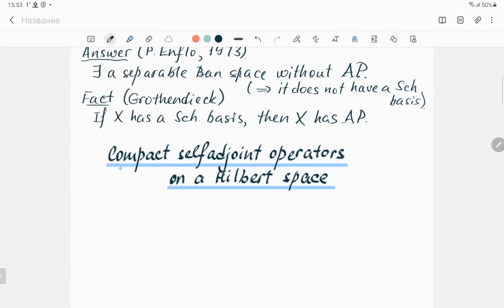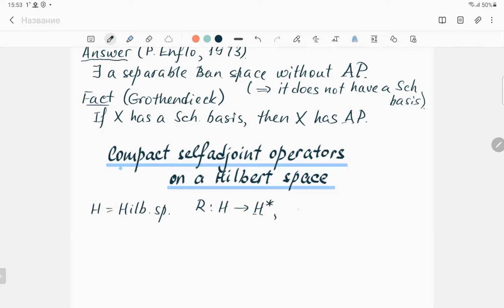First of all, let me explain what self-adjoint means, or more generally, what is an adjoint operator for an operator between Hilbert spaces. Well, let's recall that if H is a Hilbert space, then we have a canonical bijection R between H and H star, the dual space, which is provided by the Riesz representation theorem.